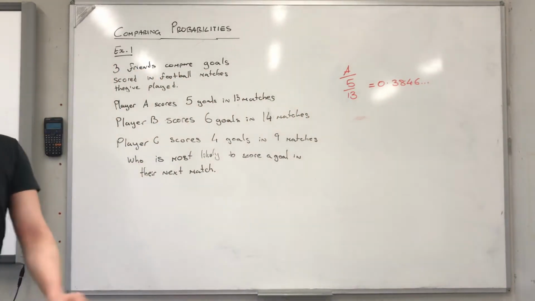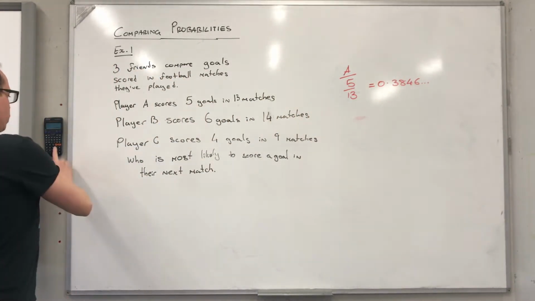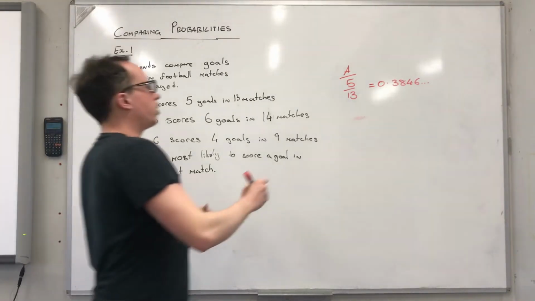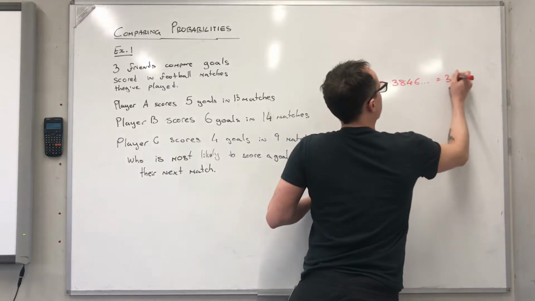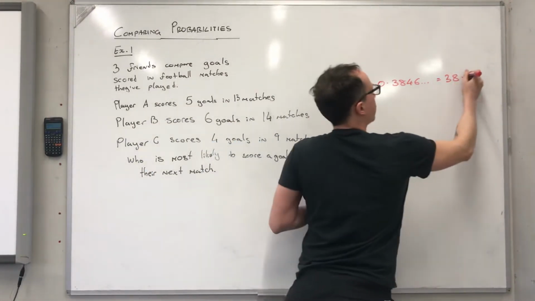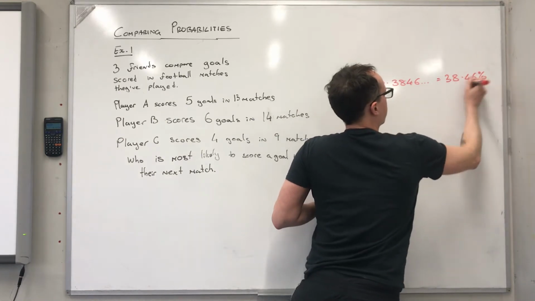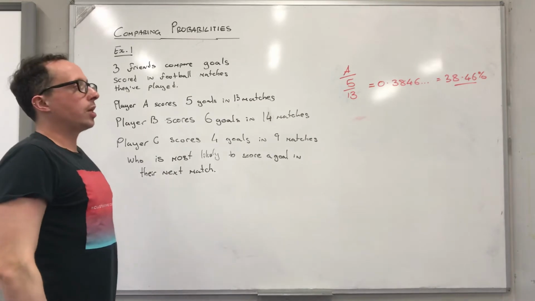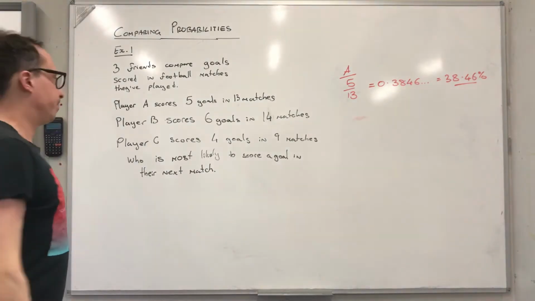Which then, if we wanted to convert that into a percentage, all we then do is times it by 100, which gives us 38.46%. So player A has a 38.46% chance of scoring a goal in his next match.